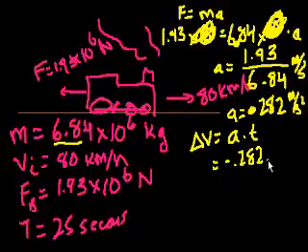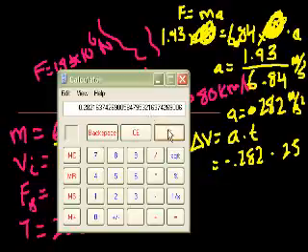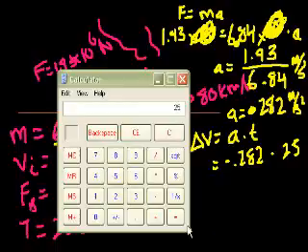I won't write the units here because I'm running out of space. Let's get the calculator back. Now we multiply that number we just figured out times 25, and that equals 7.05.